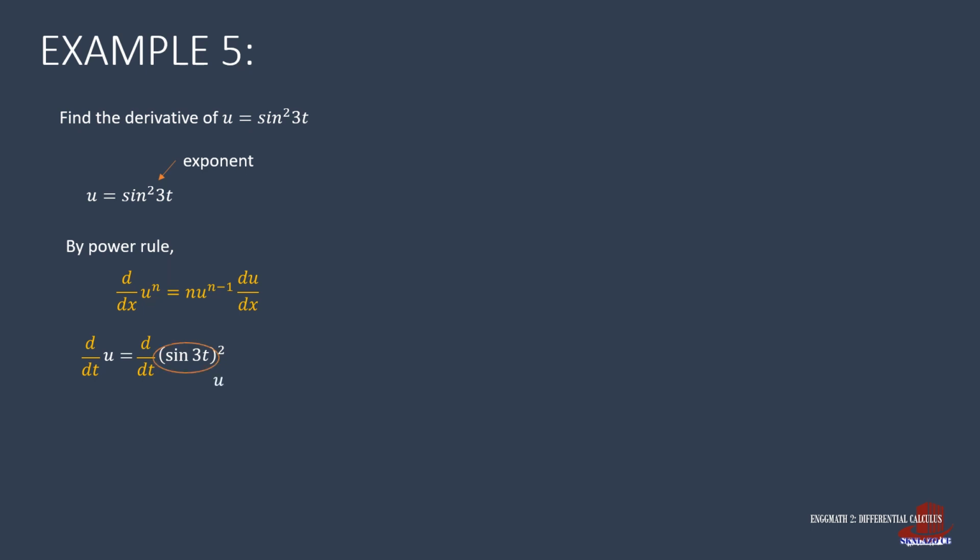So u prime is written as the exponent 2 times the term sine of 3t raised to 2 minus 1. Then, this is multiplied by the derivative of u, which is sine of 3t. Next is the derivative of sine 3t, which then can be solved from the pattern cosine x times dx all over dx.